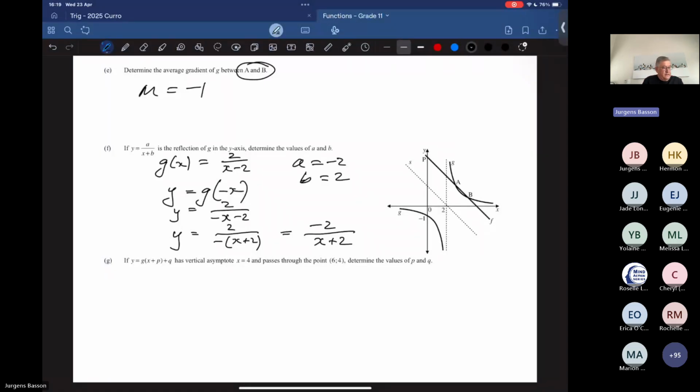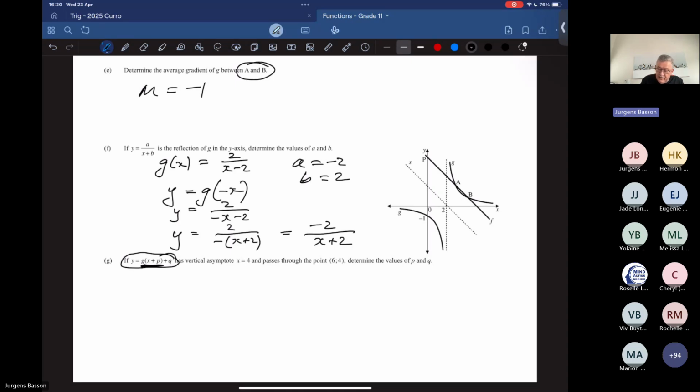So what they say to us here is that this is the graph y equal to, and something must happen to g. You will see there's a g(x plus p). So that means this g graph must move horizontally. And we can maybe try to find that, because that is what p will be.